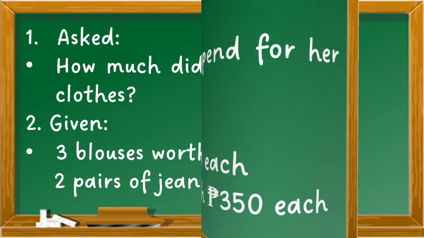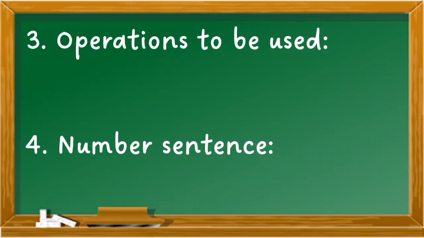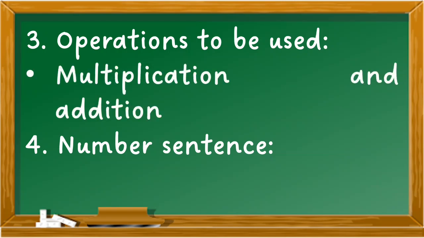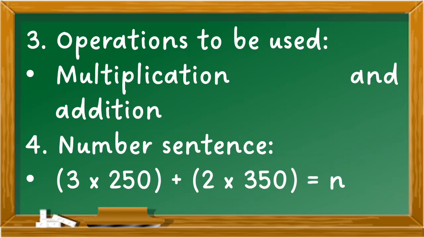Step number 3 is to determine what operation to be used to solve the word problem. And since this is a 2-step word problem, the operations to be used to solve this problem are multiplication and addition. And step number 4 is to write down the number sentence. And the number sentence should be 3 times 250 plus 2 times 350 is equal to n.